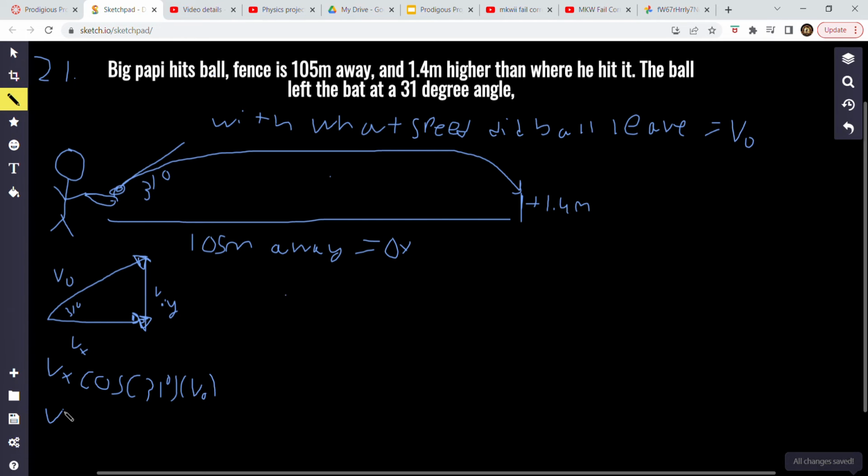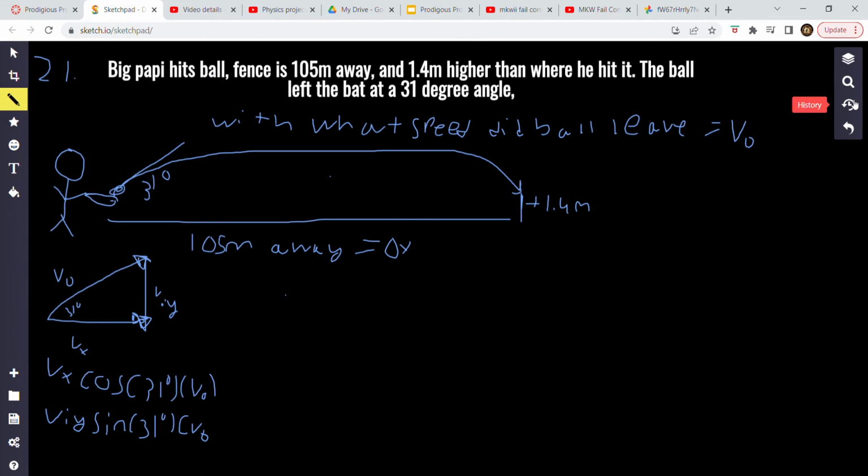For the Viy, the initial vertical velocity, we just use the sine of 31 degrees times V naught. That's going to give us our values for the y column.